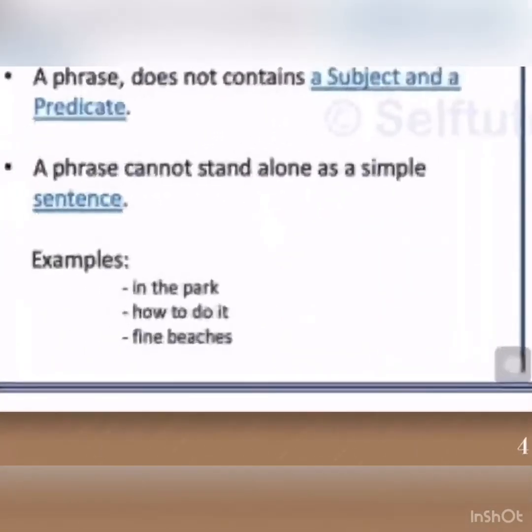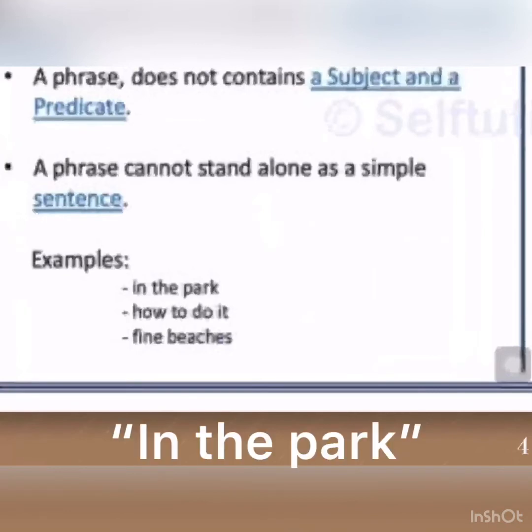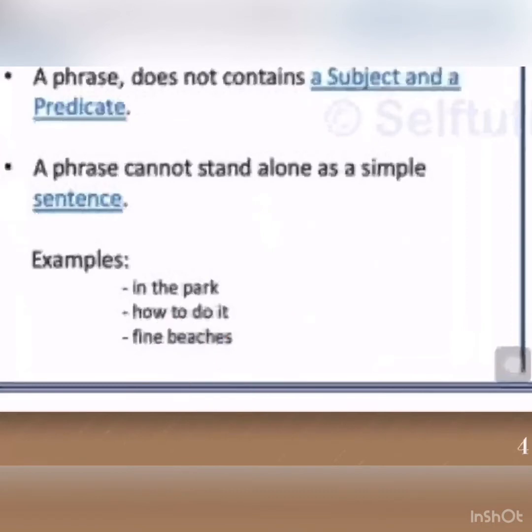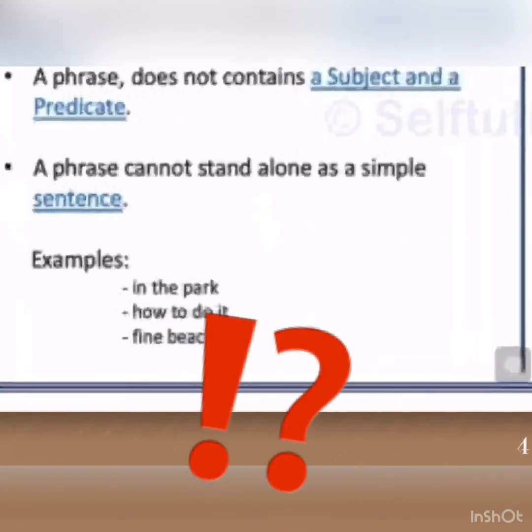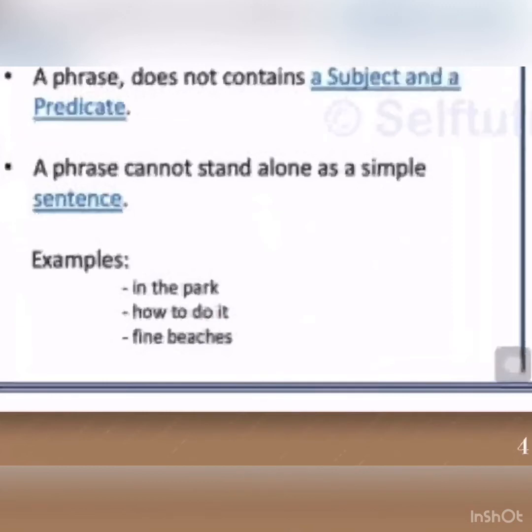In the park. Imagine I stumble upon Katie and I ask her, in the park? What do you mean in the park? It does not have a subject or a predicate. It is just a phrase.